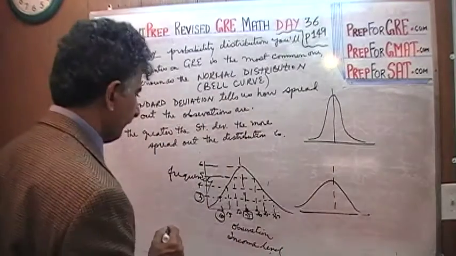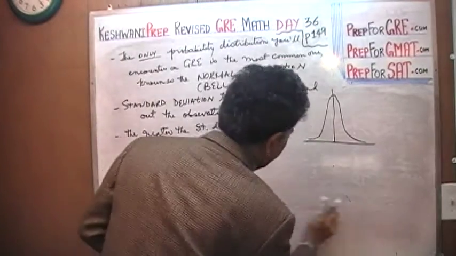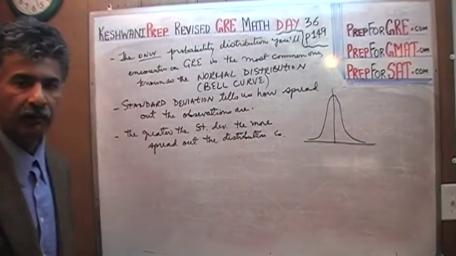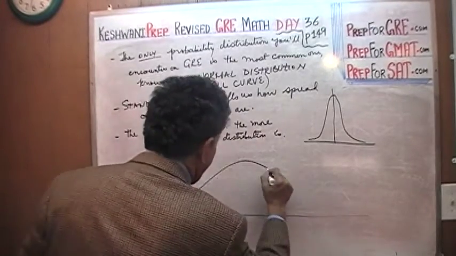I need the room again. Let's erase this part, we don't need it anymore. I'm going to show you another scenario where we have a very wide spread out scenario. Voila.